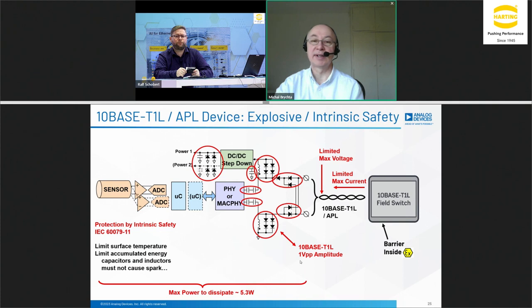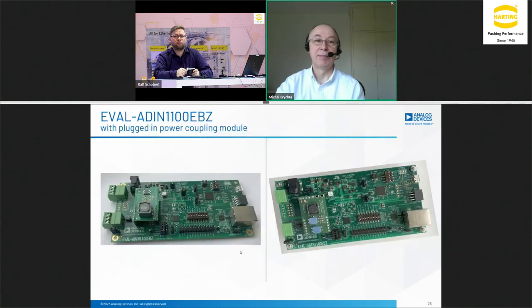The amplitude is there not because the 2.4 volt amplitude will break the power budget, but because all these components, power coupling inductors, need protection, double, triple protection. And those clamping devices are easier to design when the amplitude is limited to 1 volt peak to peak. So again, we understand the challenges and we can help you with that.